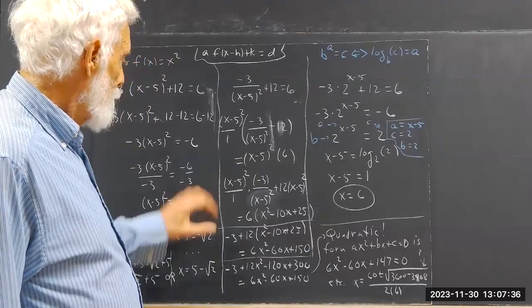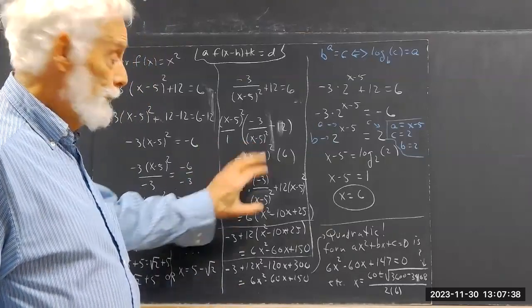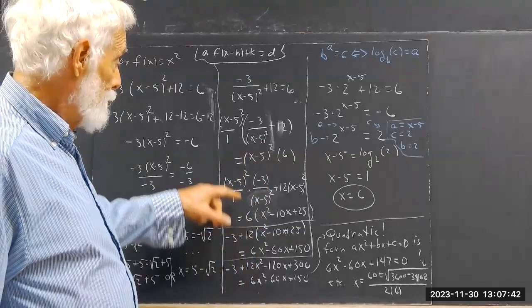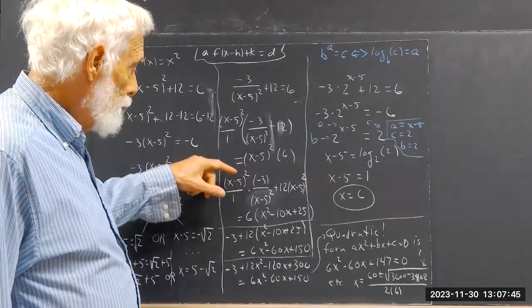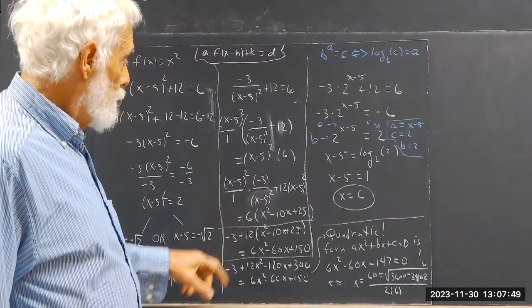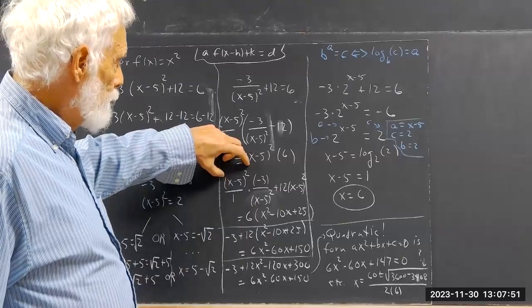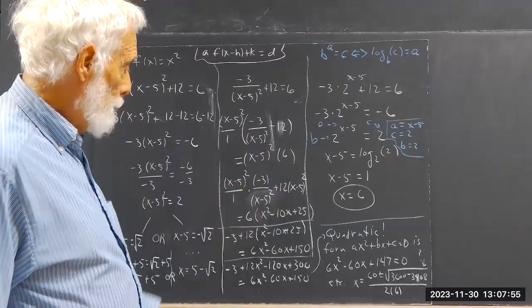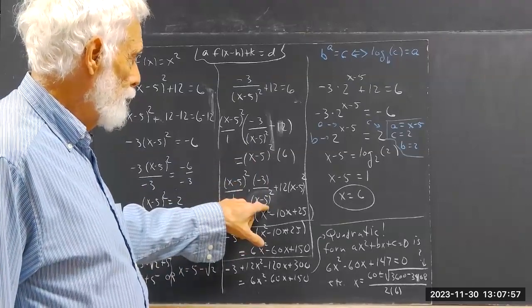Well, multiplying this by this just gives us -3. Because the numerator is going to match the denominator. Well, this part of the numerator is going to match the denominator. We could write this as x minus 5 squared over x minus 5 squared times -3 over 1. Doesn't matter if the x minus 5 is here or here.